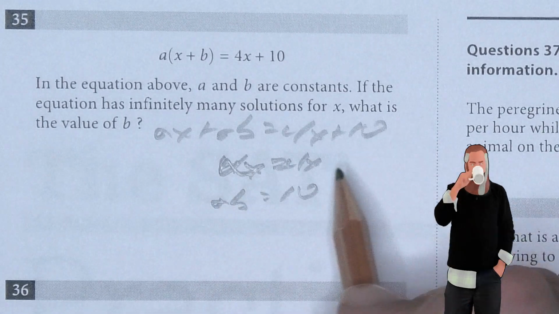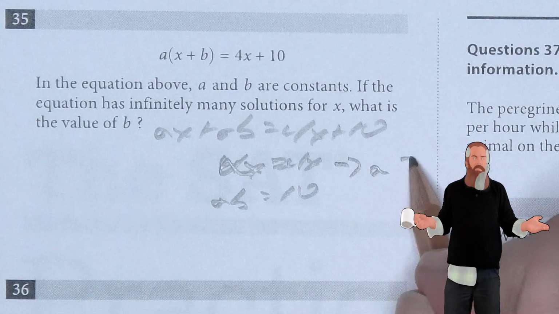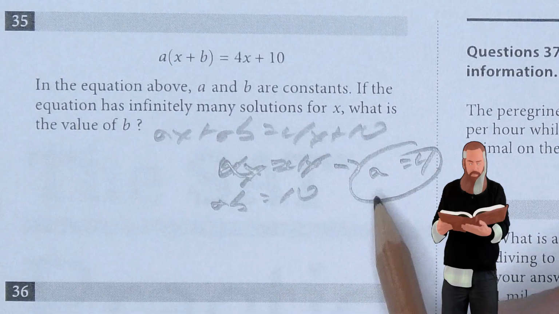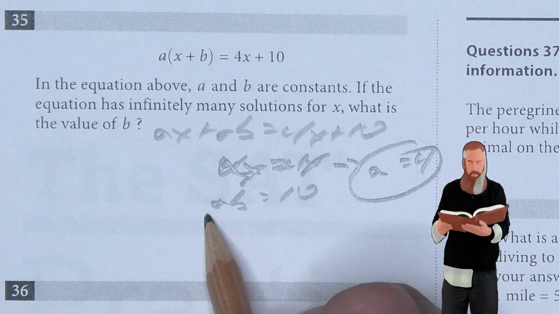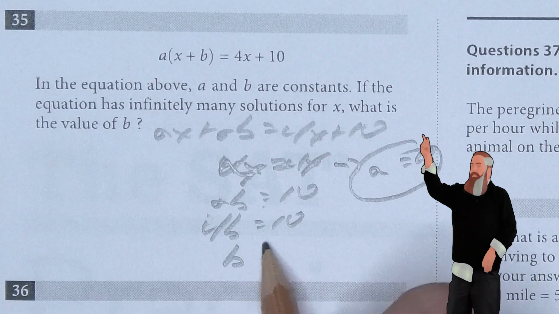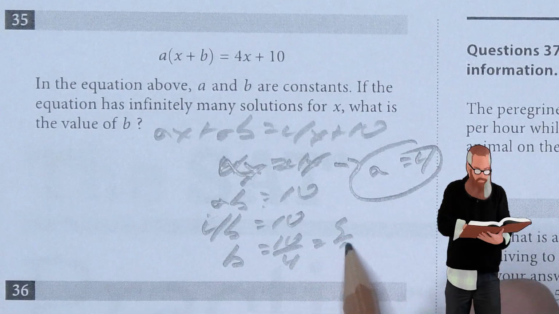Since ax is equal to 4x, then what we get is that a is equal to 4, because those x's would cancel. With a being equal to 4, I would wind up with ab equals 10. That means 4b equals 10, or b is equal to 10 over 4, meaning 5 over 2.